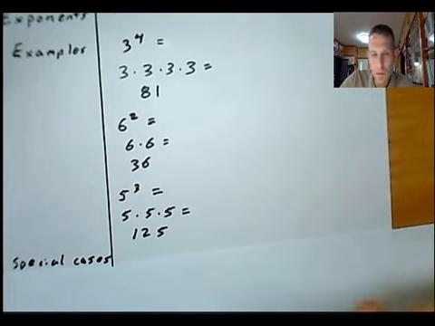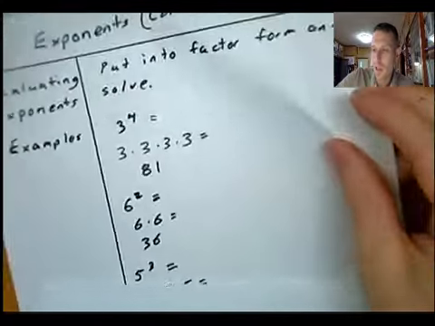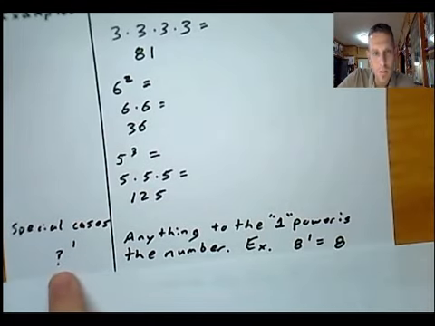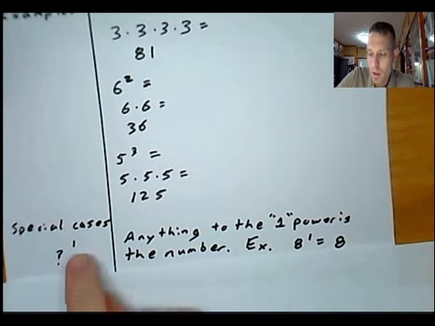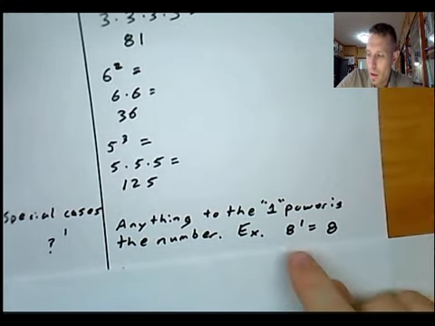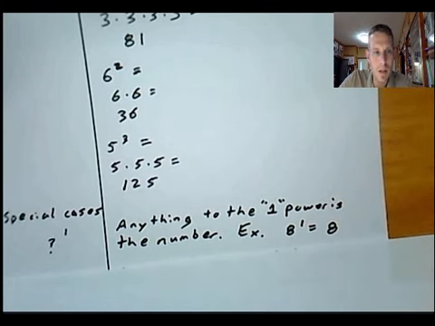Now, there are a few special cases that I want you to be aware of, and the first one is this. A number, it could be any number, to the 1st power is always going to be the base number. So 8 to the 1st power is just 8.